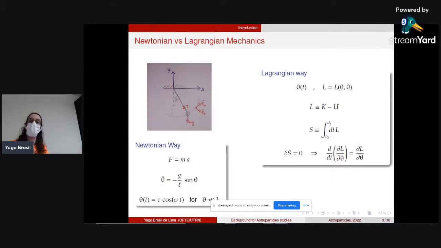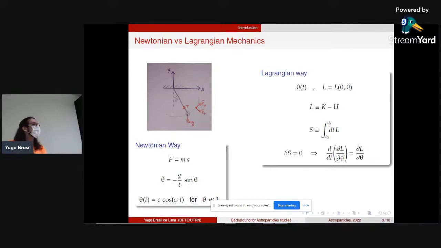And we define the action, and using the Hamilton principle, we will find the Euler-Lagrange equation, and resolving that Euler-Lagrange equation, we can find the same equation of motion that we arrived at using the Newtonian way. But this method is more efficient because we don't use vectors, so it's easier to handle complicated systems.